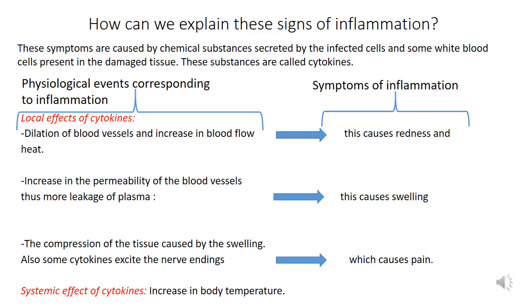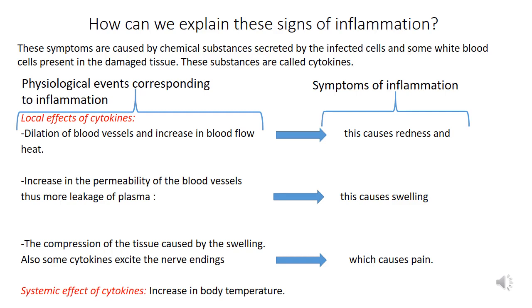One of the local effects of cytokines was the dilation of the blood vessels and the increase in blood flow. And that's what causes redness and heat. What about swelling? The increase in the permeability of the blood vessels and the leakage of plasma outside the blood vessel actually causes swelling and the accumulation of the plasma outside the vessel under the skin.